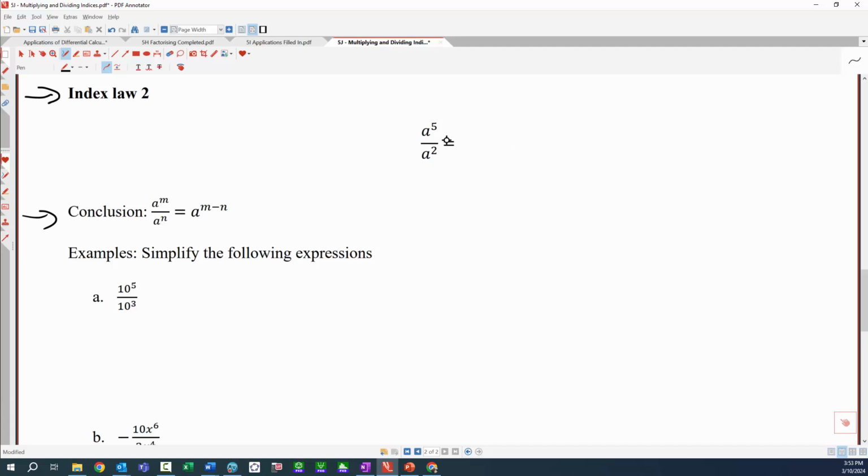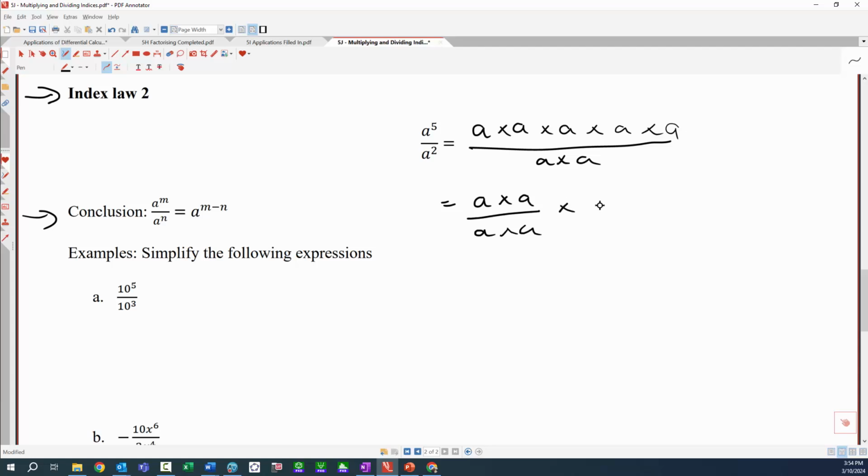All right, so the way this one's going to work is we note that a to the 5 over a to the 2 is just a times a times a times a times a, so a by itself 5 times, over a to the 2, which is a times a. Now that could be rewritten as a times a over a times a times a times a times a over 1.